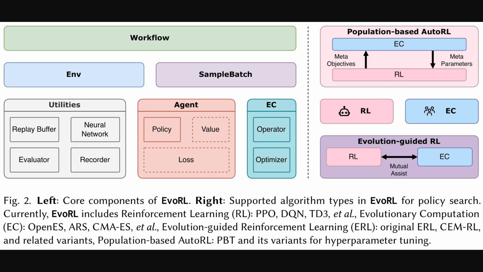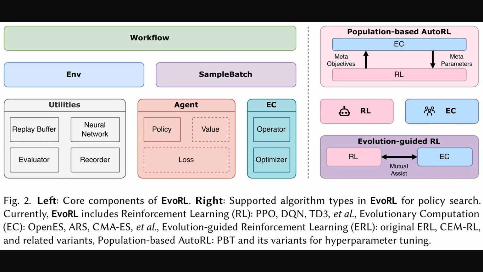Alright, so building on that hierarchical structure, this next figure, Figure 2, lays out the core components of EvoRL on the left, and on the right, the kinds of algorithms it can handle for policy search. Policy search, by the way, is just the process of finding the best strategy for the AI.